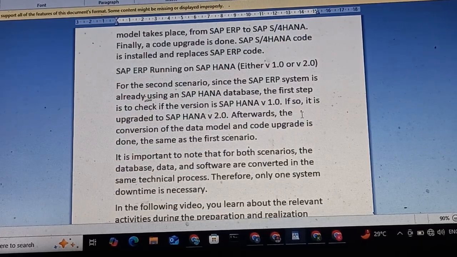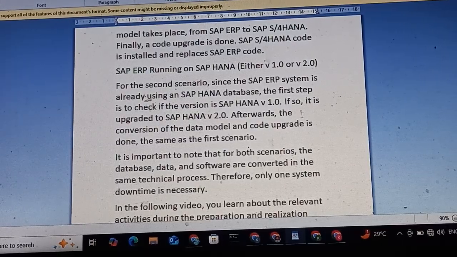Scenario number 2: SAP ERP running on SAP S/4HANA, either 1.0 or 2.0. For the second scenario, since the SAP ERP system is already using an SAP S/4HANA database, the first step is to check if the version is SAP S/4HANA 1.0.